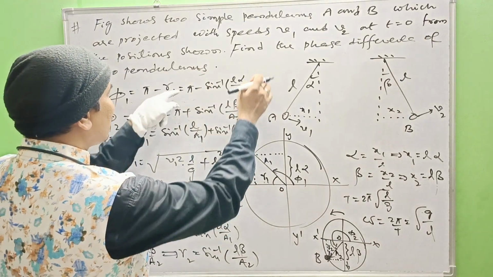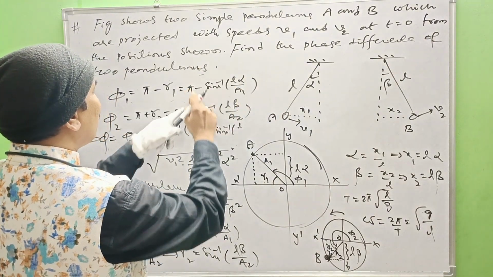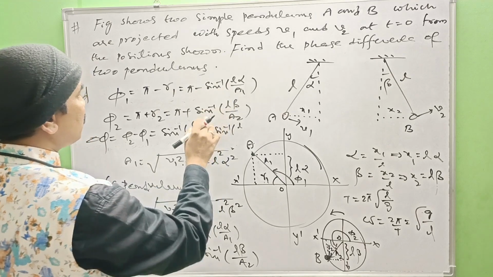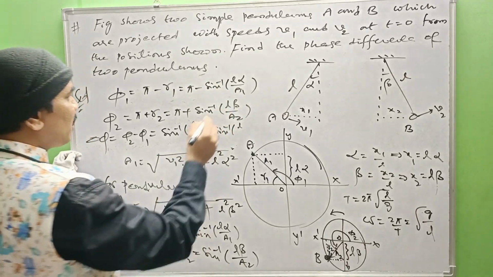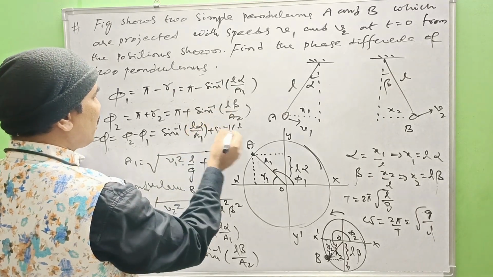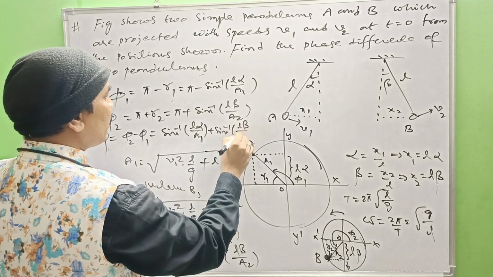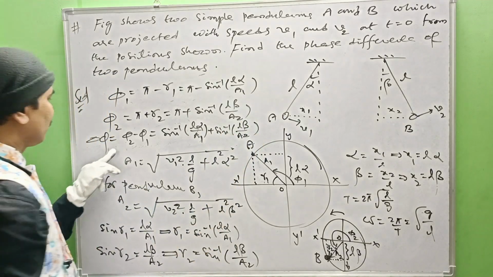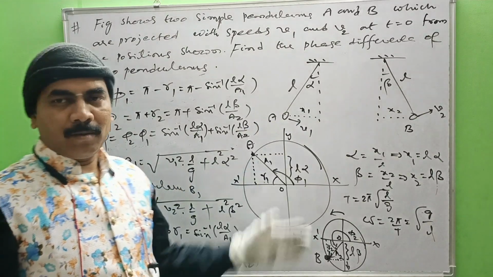So this term minus this term: minus of minus gives plus. So the sum of these two terms, sin inverse L alpha by A1 plus sin inverse L beta by A2, is the phase difference of these two pendulums.